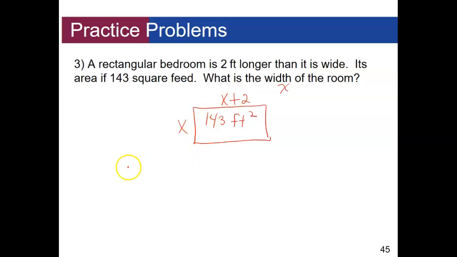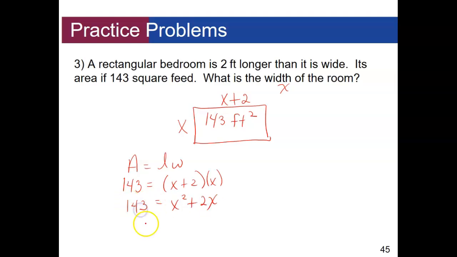Okay, so we'll multiply these together because we'll use the model length times width. So our area is 143. Our length is x plus 2, and our width is x. So we'll have x squared plus 2x, and that equals 143. This is a quadratic, so with quadratics we need to set it equal to 0. Okay, this will factor into x plus 13 and x minus 11.